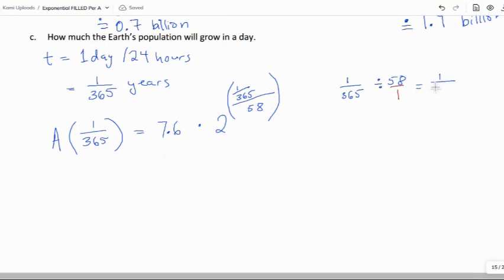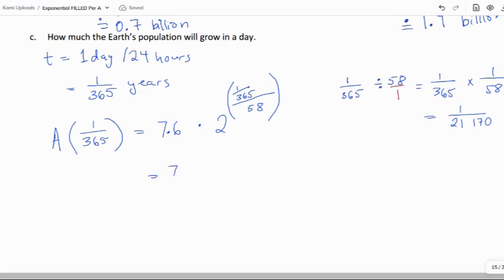So 1/365 times 1/58. So we're going to have a really small number. 1 over 21,170. I don't even know how to say that.